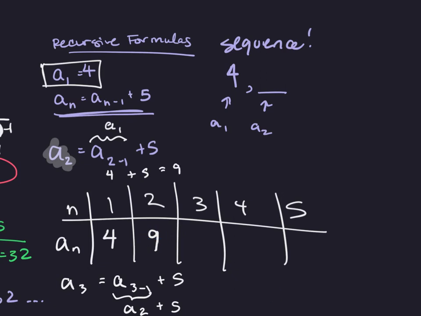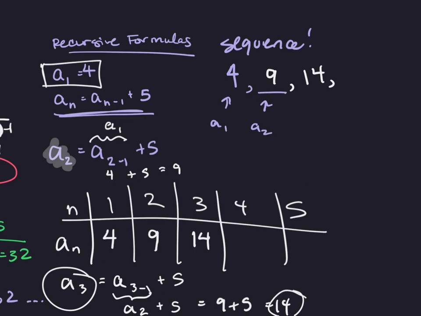So really what this bit is equal to is 9 plus 5, which is 14. So a sub 3 is 14. And hey, we're starting to see this pattern. So the next number is 9 and then 14. And then the next one's going to actually be 19 and 24.